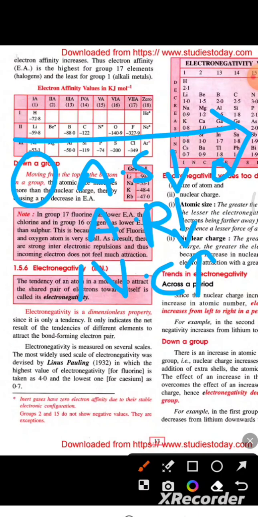As the nuclear charge increases, more energy is there, so while converting, more energy will be released. That means electron affinity also increases across a period.